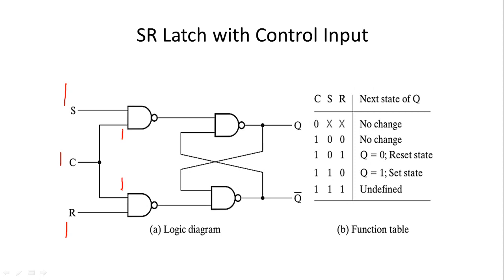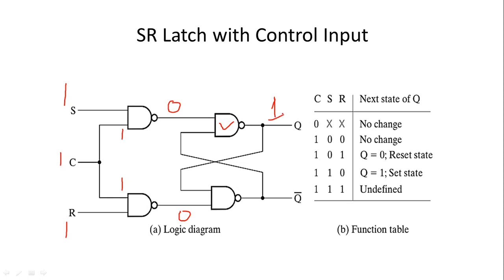So NAND gate 1 NAND 1 is 0 here. The second one is also 0. 1 NAND 1 is 0. So the first one, let's say if we evaluate this one, this will produce 0 and NAND will produce 1.